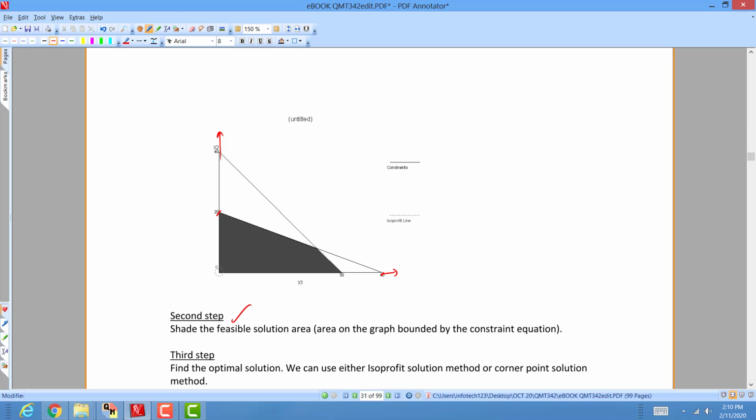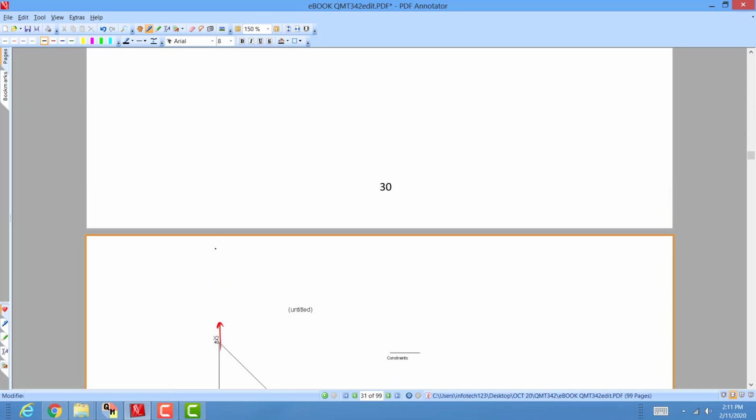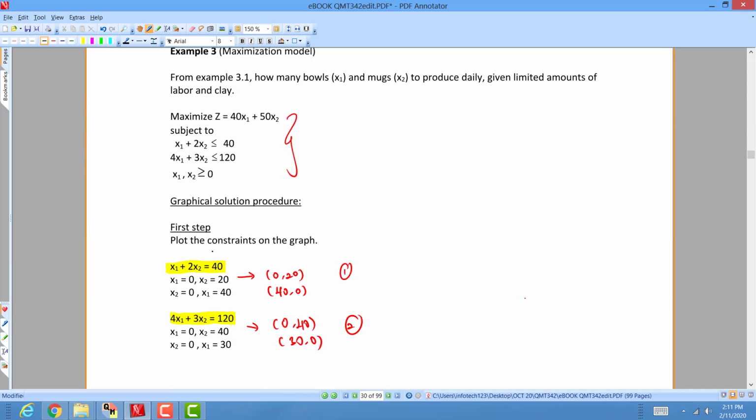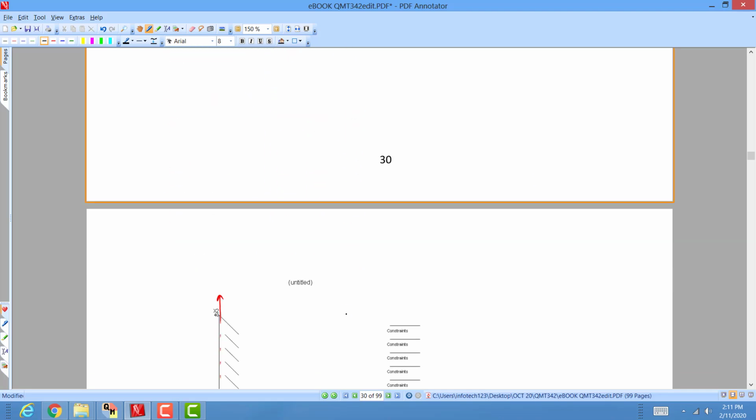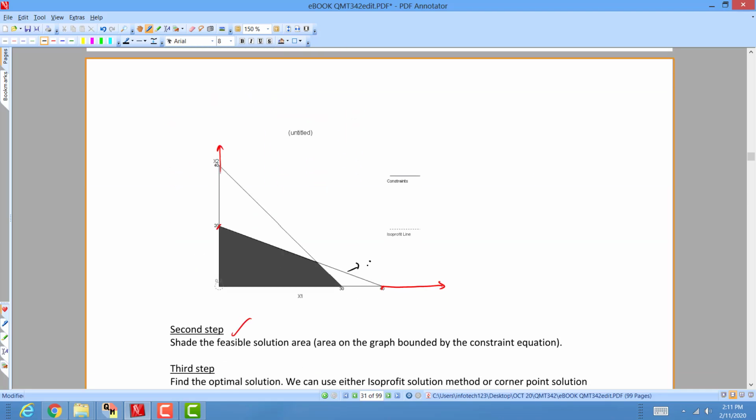Here I make it a bit longer. Let's say this is the axis. I just want to label here. This is our x1 plus 2x2 equal to 40. This is the line.